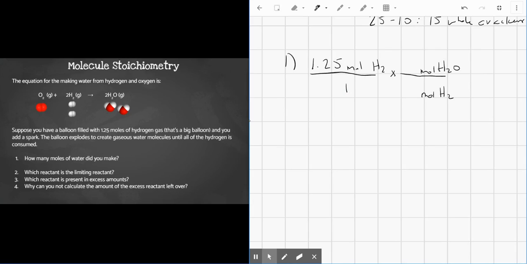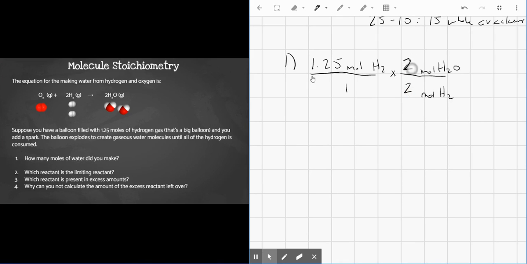Put this over 1. The numbers that go here and here, this is our mole ratio. It's a ratio, which is a fraction of moles of water to moles of hydrogen. And this is your given goes on the bottom. The one we're looking for goes on the top. And the numbers come from my balanced equation over here. So this 2 in front of the hydrogen and the 2 in front of the H2O are what go up here and down here.